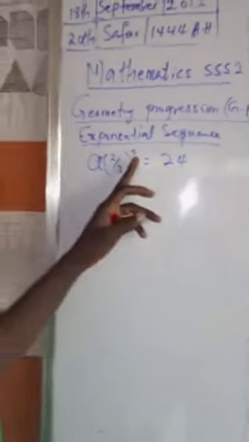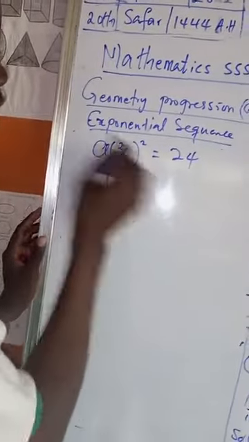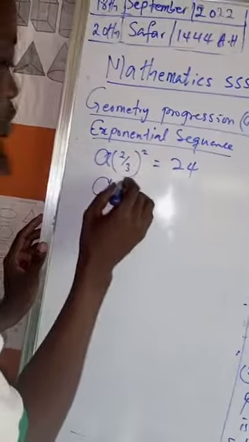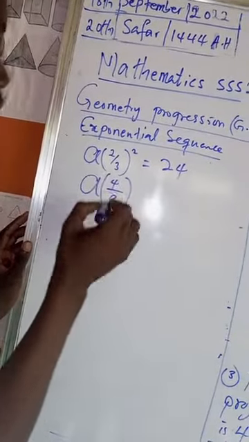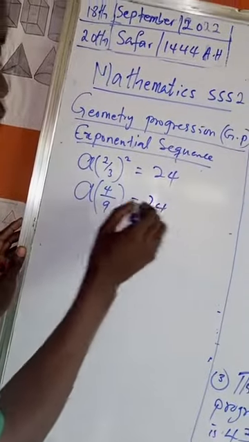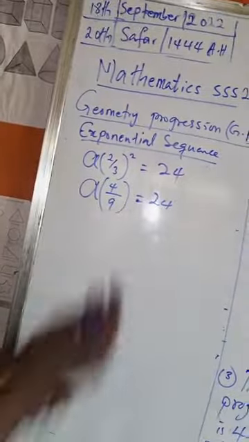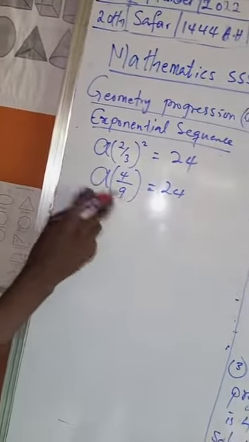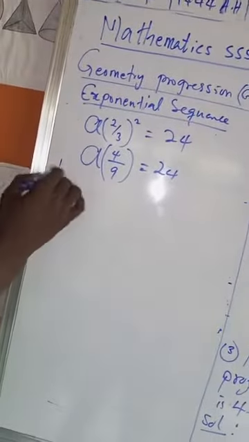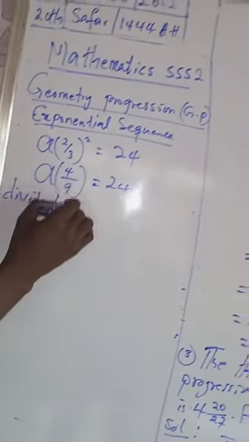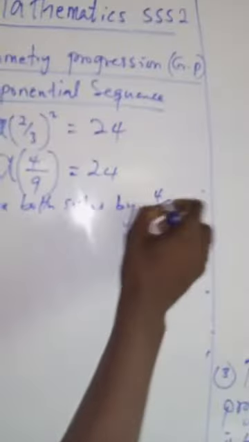Now the meaning of this is, if I like, I could open this up. a times 2 squared, that's 2 in 2 places, which is 4 over 9, equals 24. In order to get my a, I'll divide both sides by the coefficient of a, which is 4 over 9.